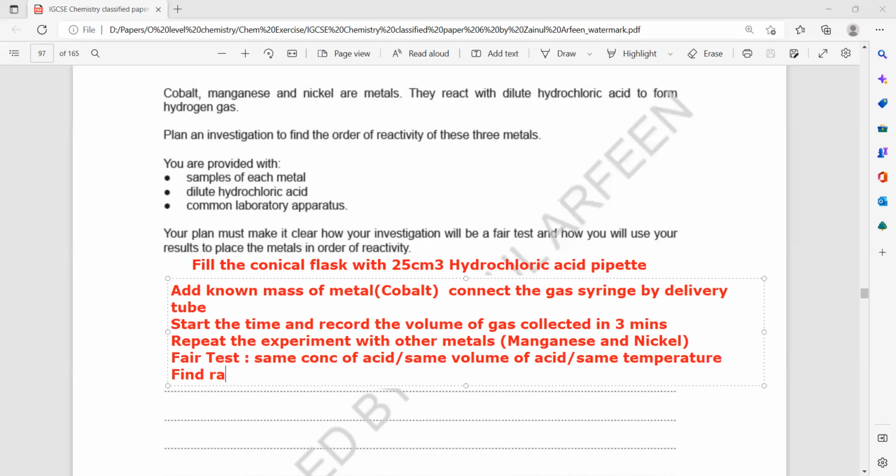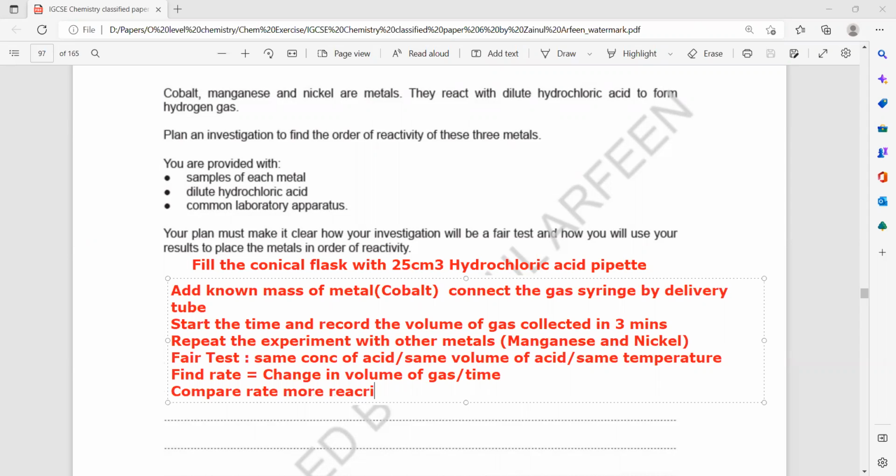Then how can we find the rate? Find the rate by using a formula: change in the volume of gas divided by the time period. And you can compare the rates. The one which is faster will have a higher rate, so it is more reactive. This is one way.